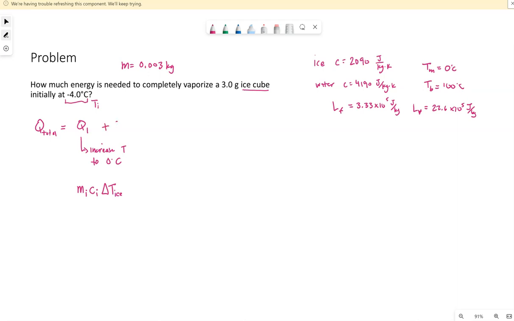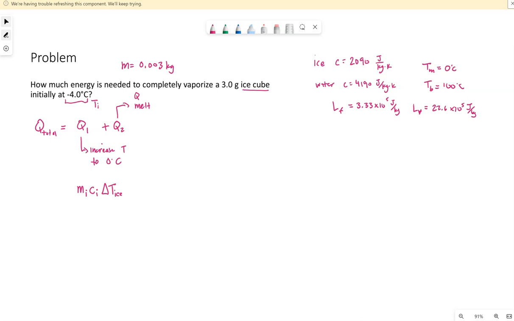Once it is at its melting temperature, we need to figure out how much energy is needed to melt this ice cube, meaning change it from a solid phase to a liquid phase.